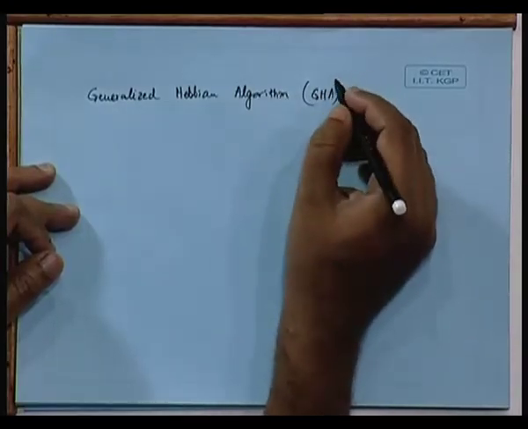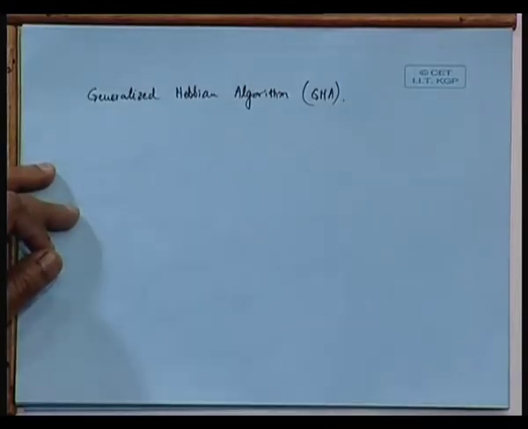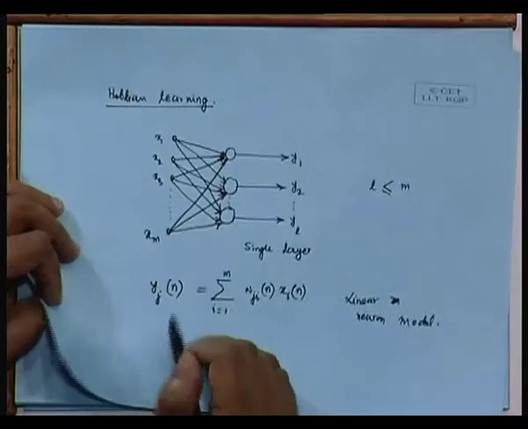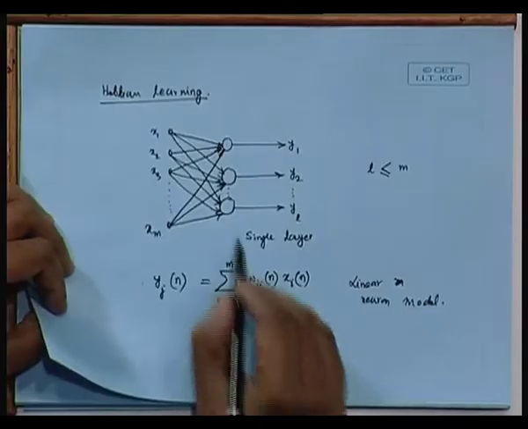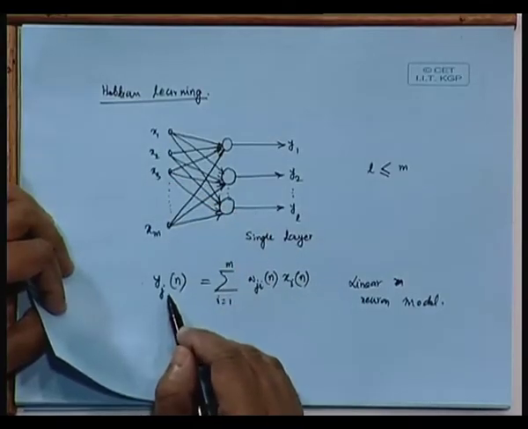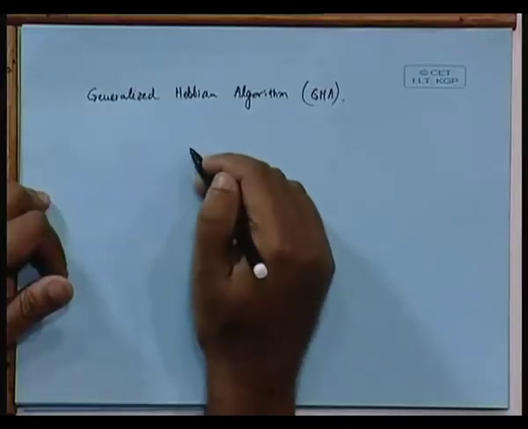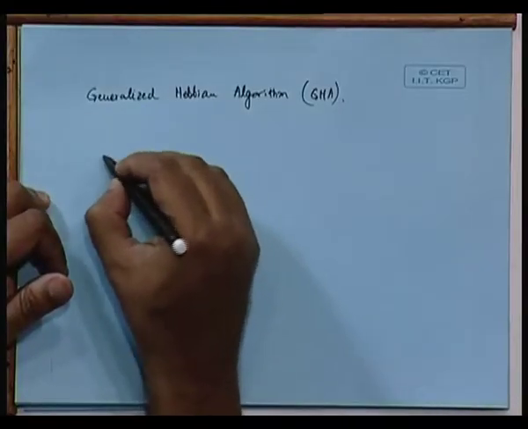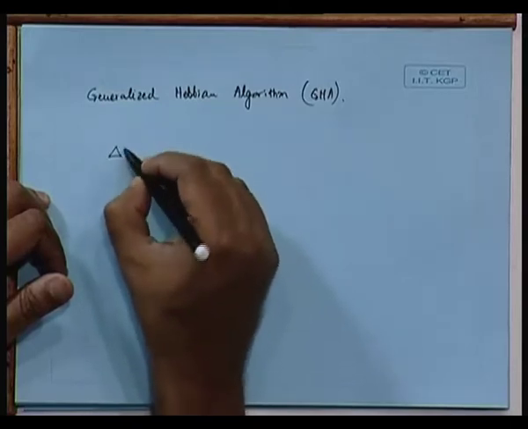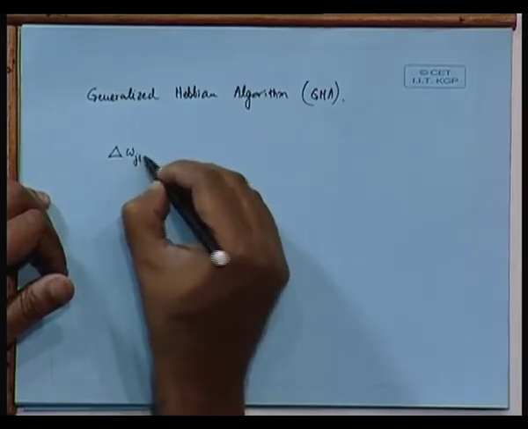According to GHA, because here we are taking the jth neuron output, we are interested in finding the change of synaptic weight, delta wji.